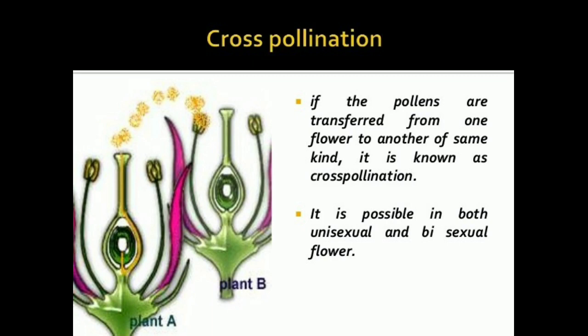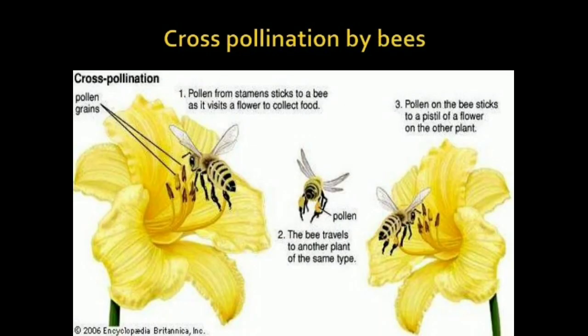The pollination can be done with the help of bees. That occurs while the bees visit a flower for collecting its food. During that time, what will happen?